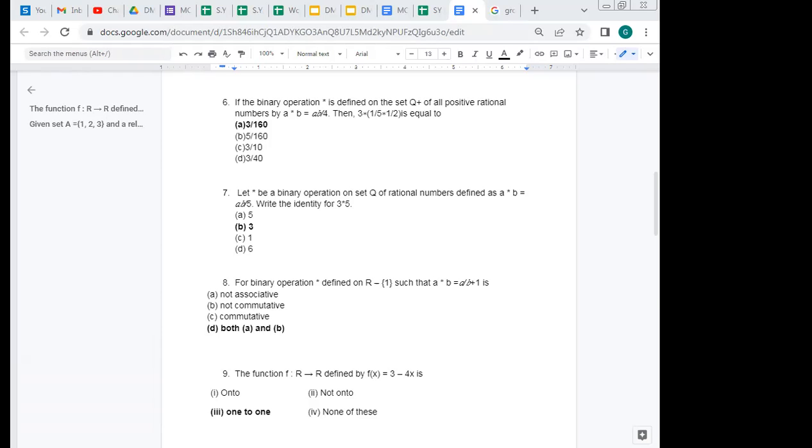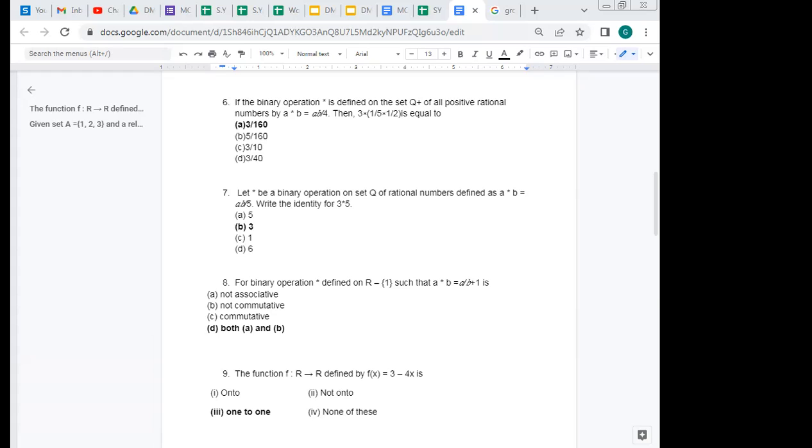Then the seventh one is: let star be a binary operation on the set Q of rational numbers defined as A star B is equal to AB by 5. Write the identity for star. The identity comes as 5.